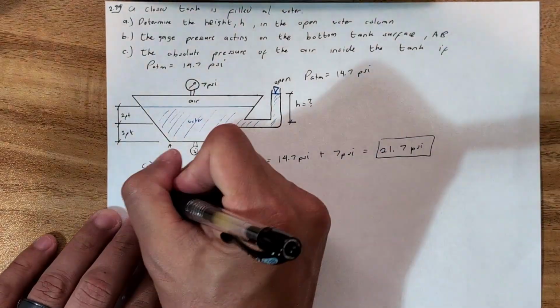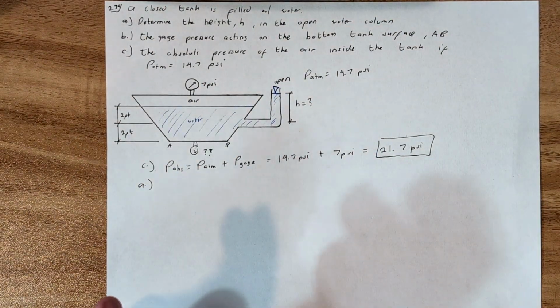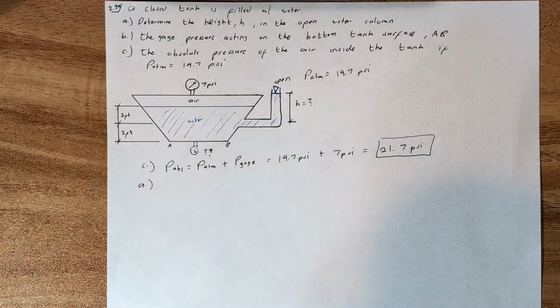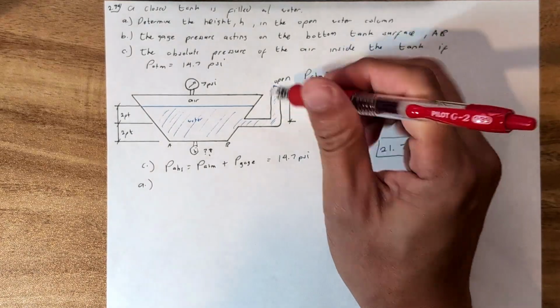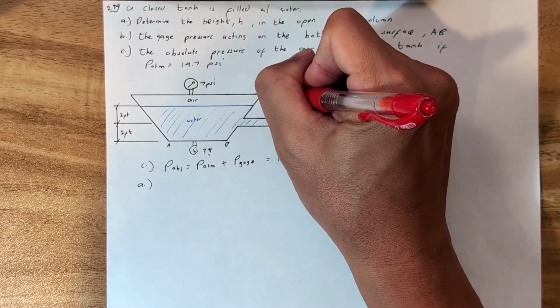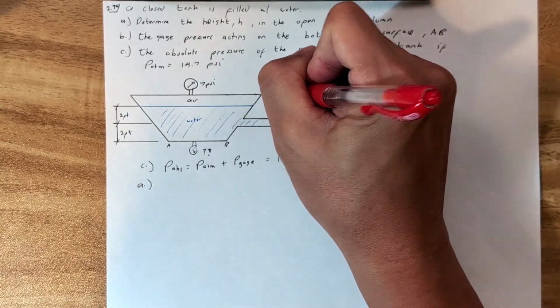Now we're going to go to part A. Part A is a little bit trickier. We're going to use the swimming method again, and this time we're going to be swimming from this side. I'm going to put a swimming guy over here. Pretend that's you swimming. This is what we call the swimming method.